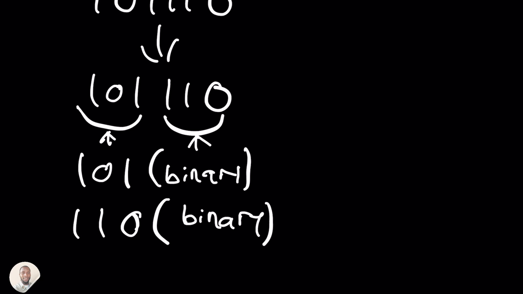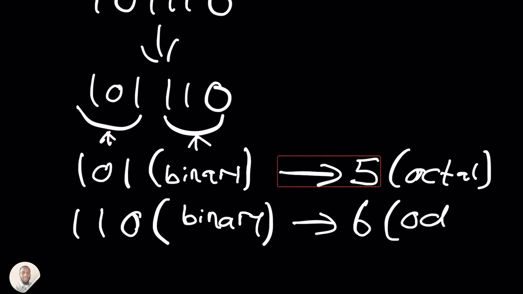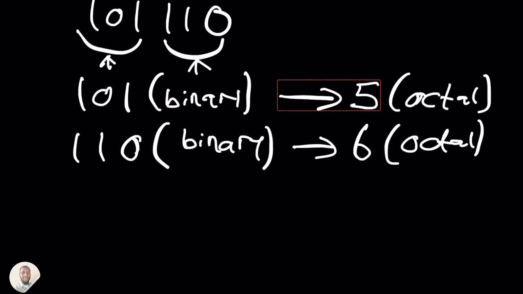So we know that 101 in binary corresponds to 5 in octal, and 110 in binary corresponds to 6 in octal.